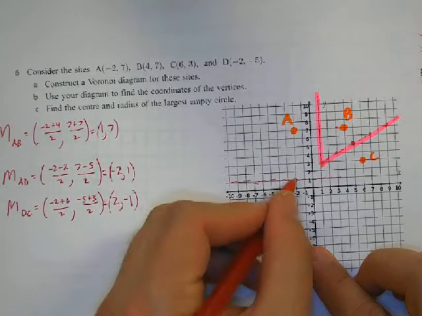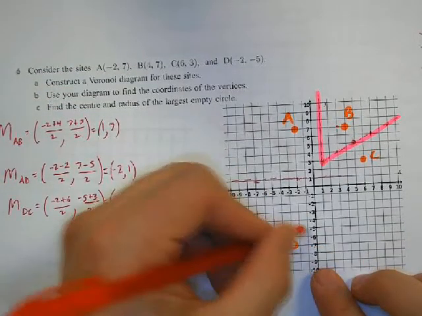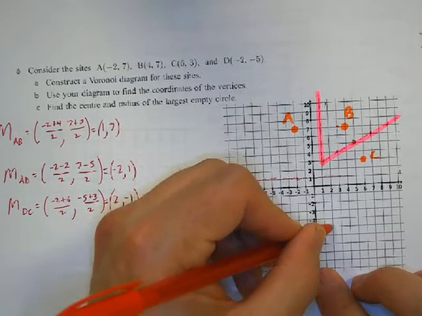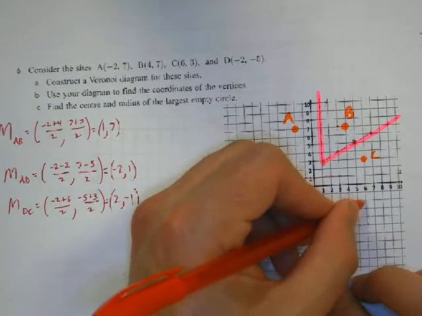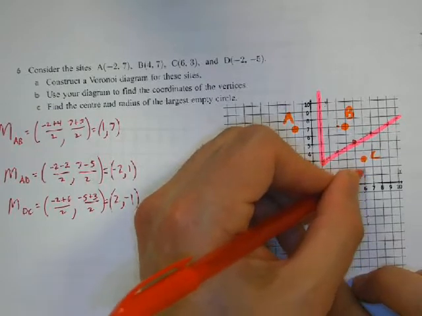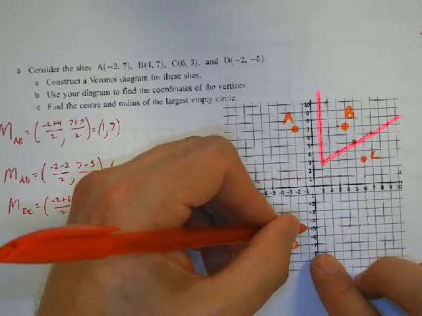Okay, now the boundary line between D and C. If I go here, I go 1, 2, 3, 4, 5, 6, 7, 8, and up 1, 2, 3, 4, 5, 6, 7, 8. So halfway in between is over at 4. Go over 4 and up 4.